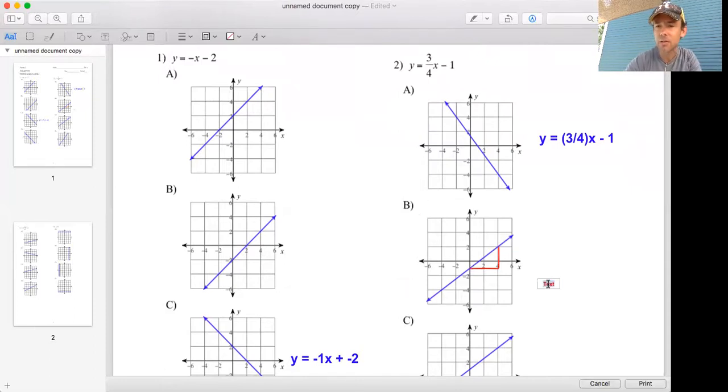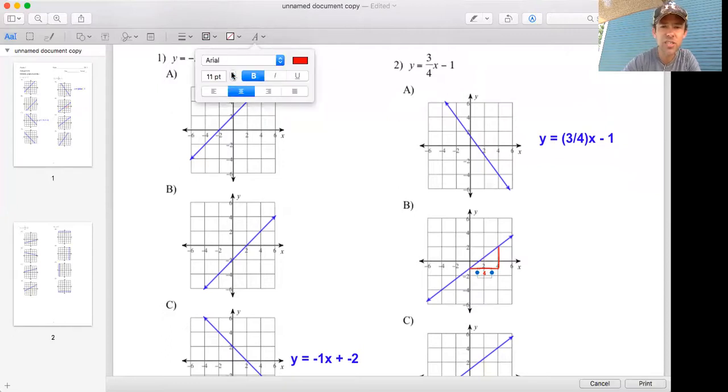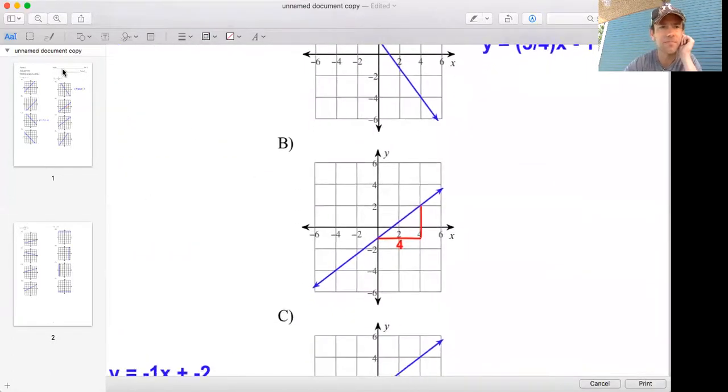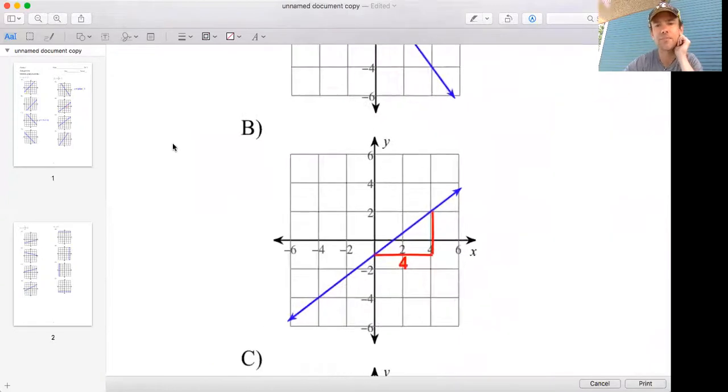This is a good problem solving technique. All right, so there you go. I'm over 4. That might be a little hard for you to see. There we go. See that? Over 4. I can even zoom in a little bit here. Okay, so over 4 and up 3.